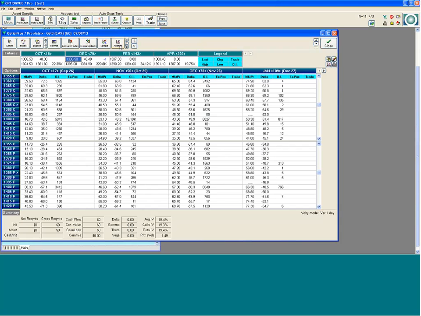And what are we talking about? Gold futures are priced for the contract month of December at 1386.90. I have real-time quotes, so right now you can see the price has changed to 1387. Well, gold futures represent 100 ounces of gold.